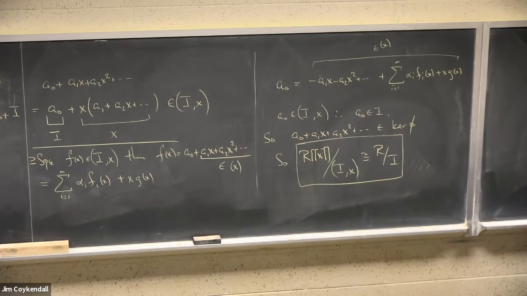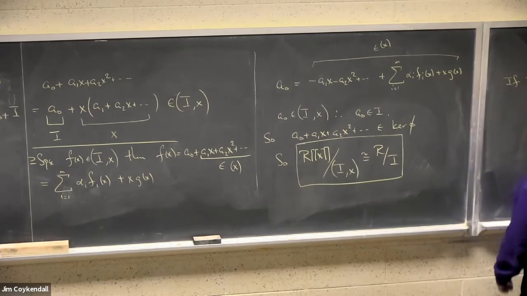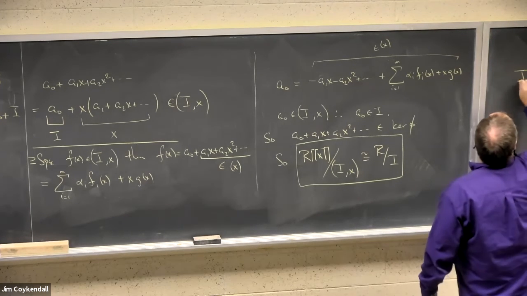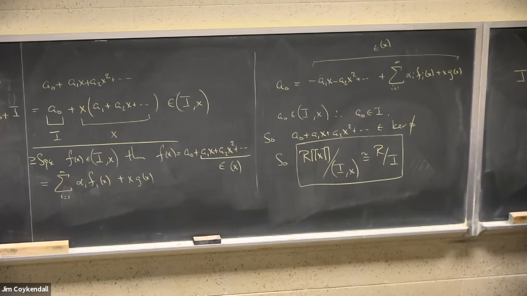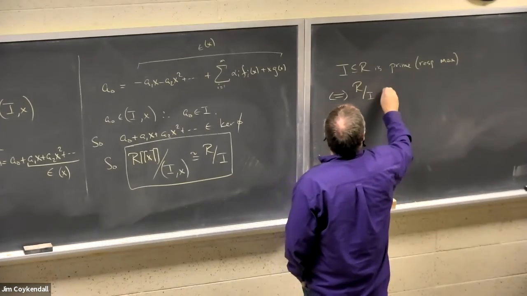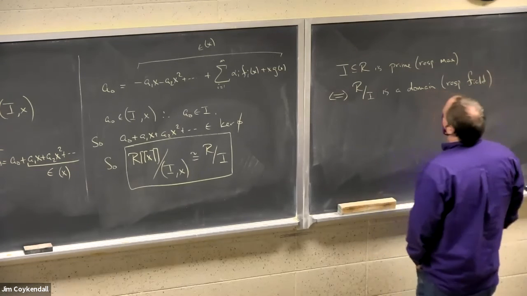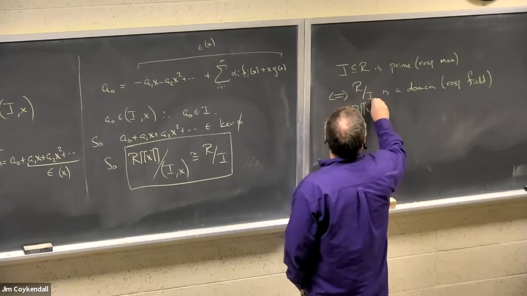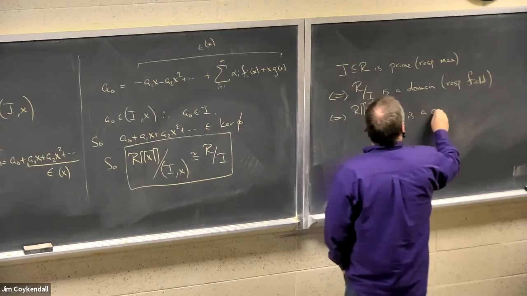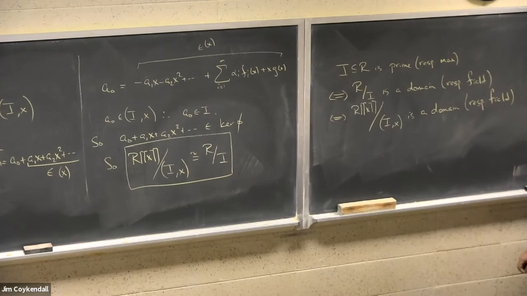Because I in R is prime, respectively maximal, if and only if R mod I is a domain, respectively a field, if and only if R power x mod the ideal I comma x is a domain, because those two are isomorphic.